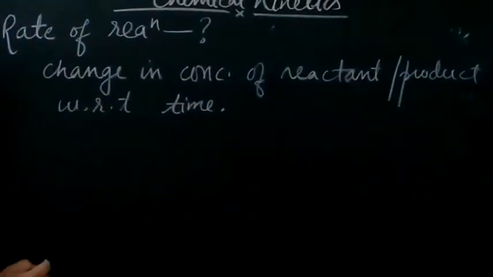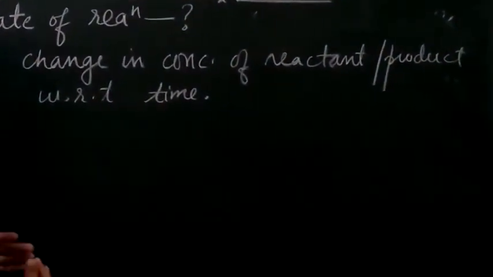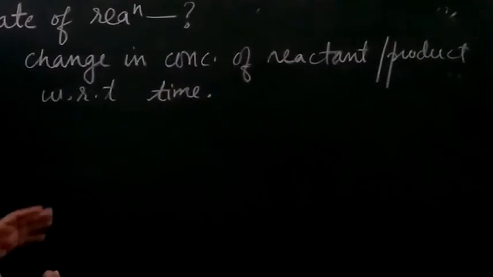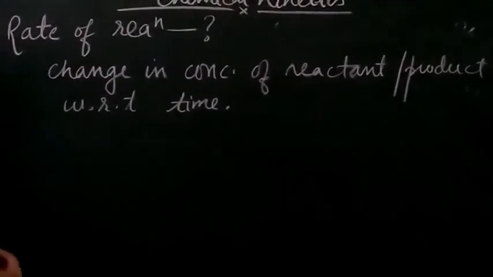So that means that as the time proceeds, what is the change in the concentration of the reactant or the product which has been formed? This will tell us about the rate of the reaction, right?